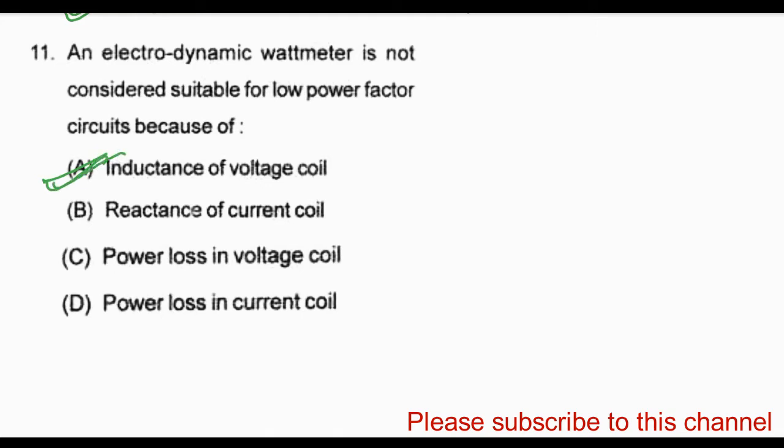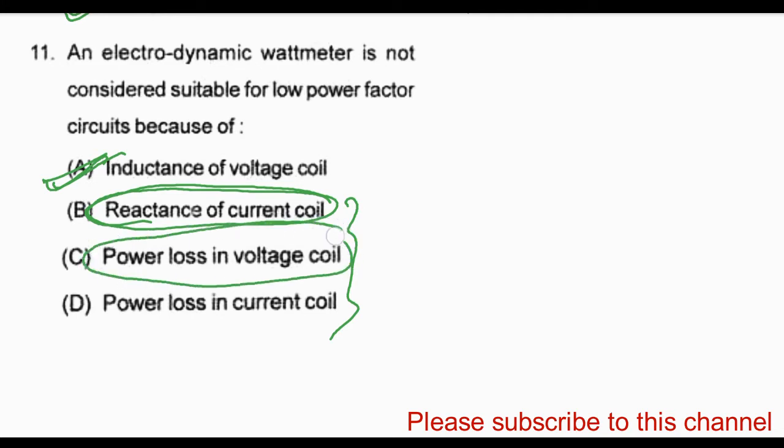So why not the other answers? Reactance of the current coil is generally considered along with the load, so this is not the answer. Next, power loss in voltage coil, I am explaining later in this part. And the fourth one is power loss in current coil.